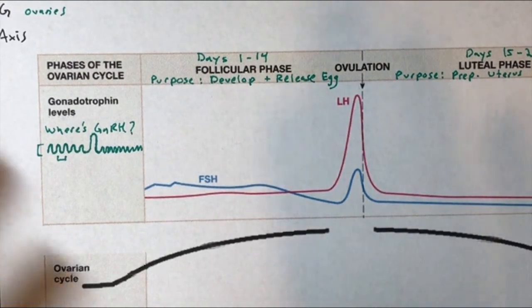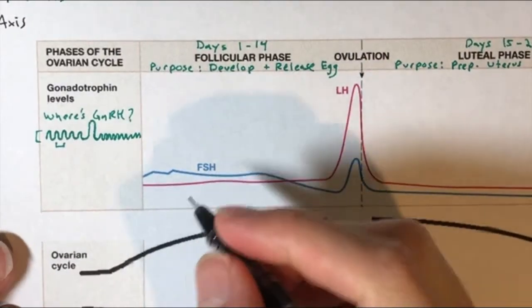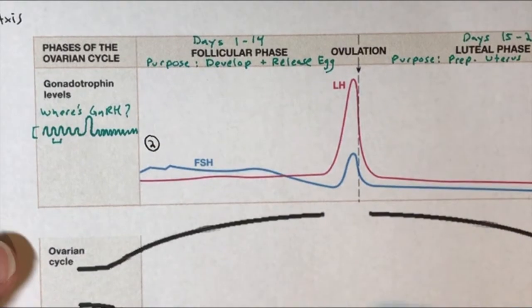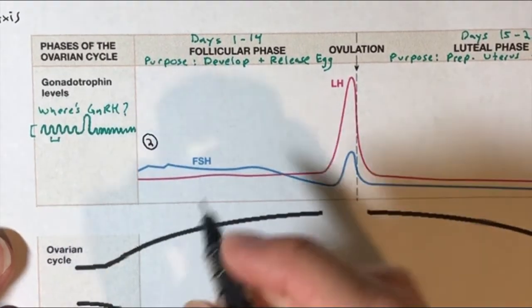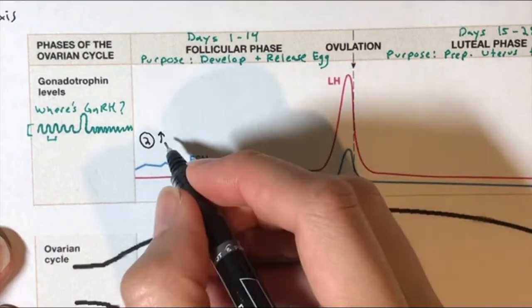So let's start with step 2, which I know is going to be kind of weird, but let's skip step 1. We're going to start with step 2. In step 2, we're going to have an increase in FSH.